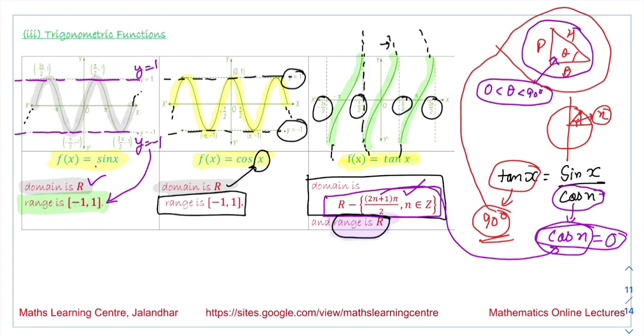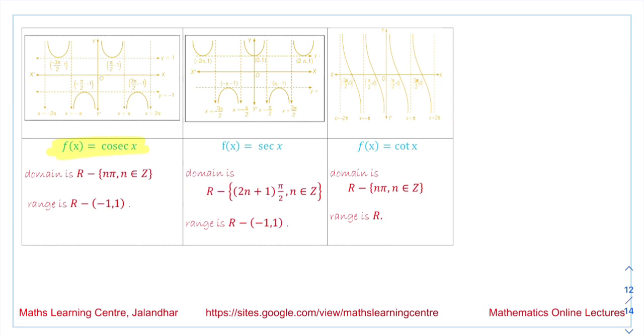Next we have the graphs of cosecant x, f(x) equal to cosecant x, f(x) equal to secant x, and f(x) equal to cot x. Cosecant x, we know, is equal to 1 over sin x. Secant x is 1 over cos x, and cot x is cos x over sin x.